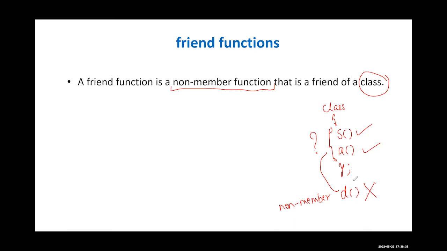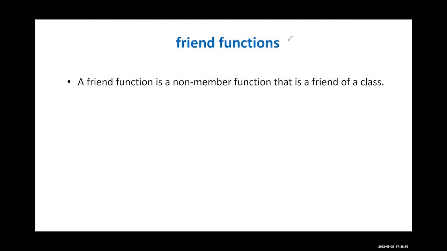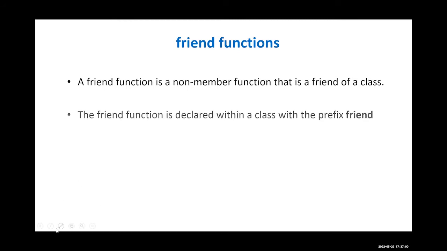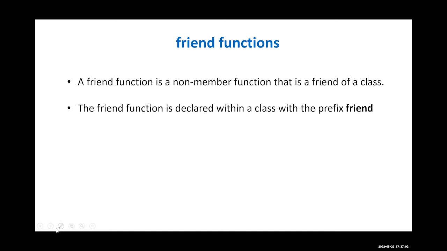But still, we can use this function by making it our friend. Like your friend, we can make this function a friend and use it as a friend function. So this is what a friend function is all about. A friend function is a non-member function that is a friend of a class. The friend function is declared within a class with the prefix friend.